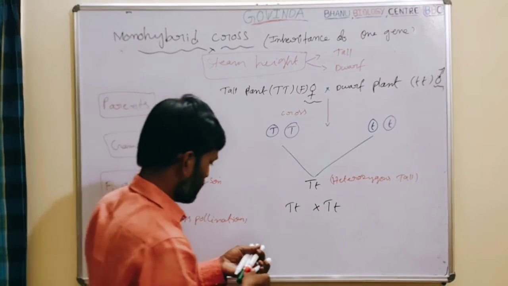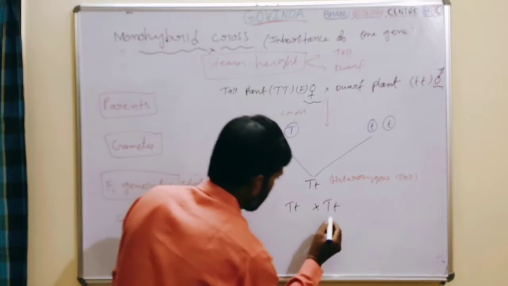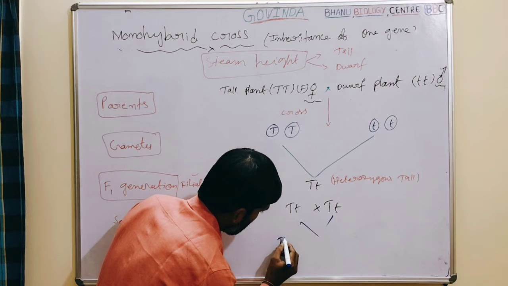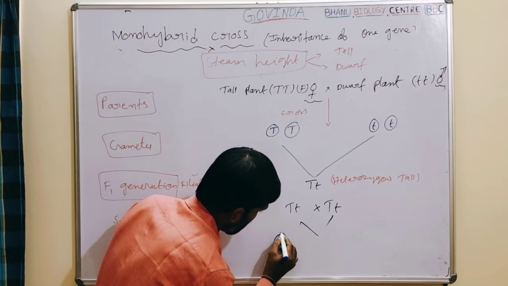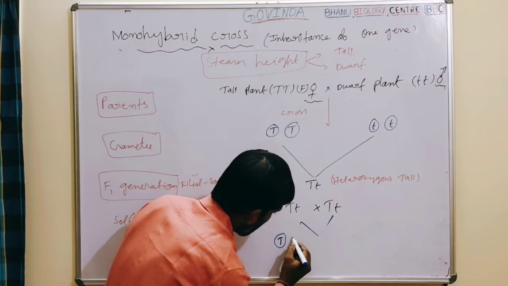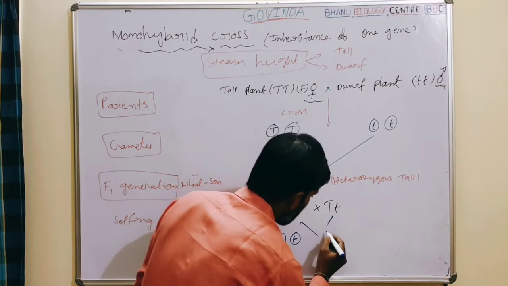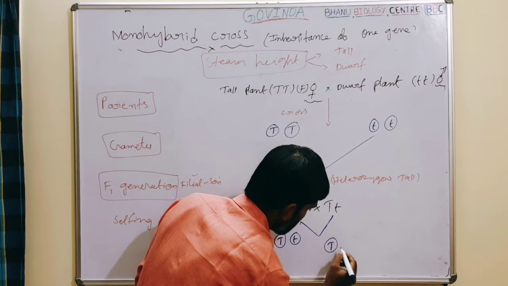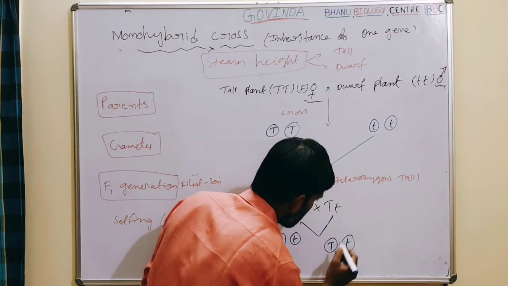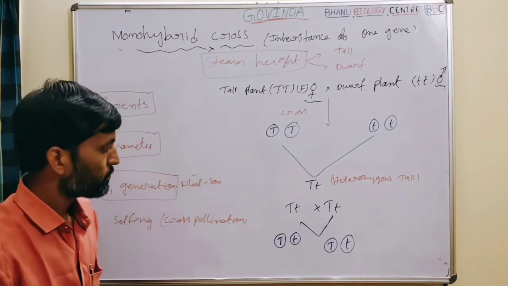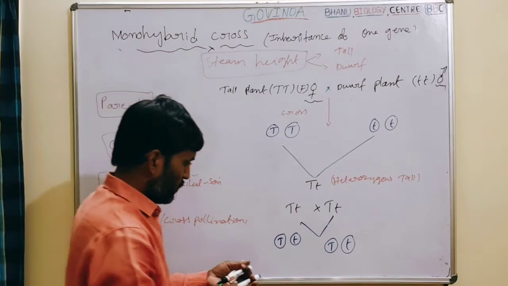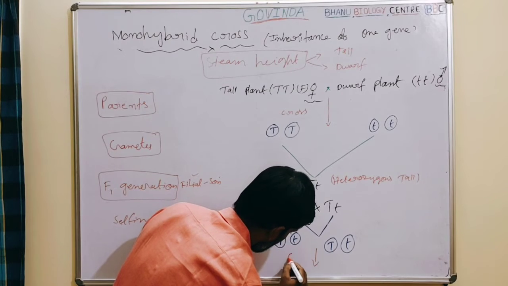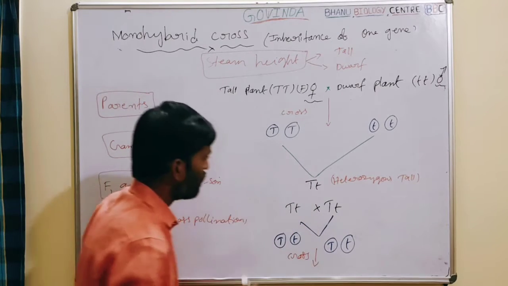Then write the gametes. First write the gametes. This plant produces half of the gametes with capital T as allele, and half of the gametes with small t. This plant also produces gametes with capital T and gametes with small t. Next, do the cross.